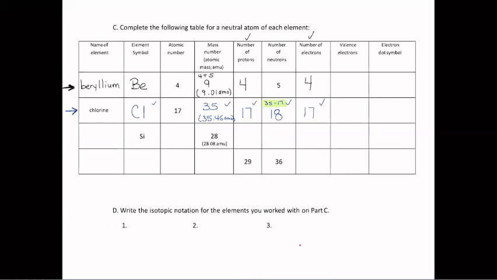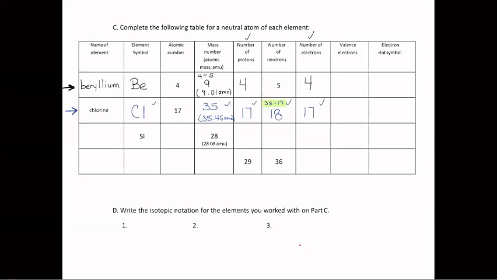When we introduce the concepts of chapter 6, which is going to be next week, we're going to see how elements in the periodic table can actually lose or gain electrons.